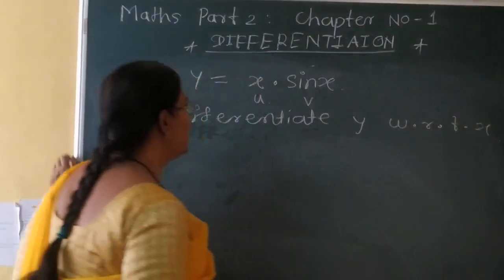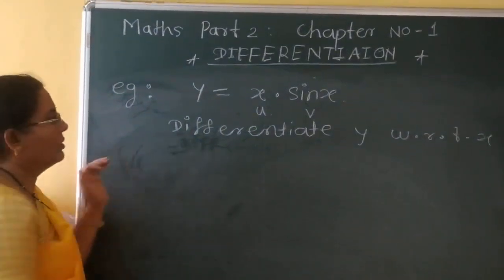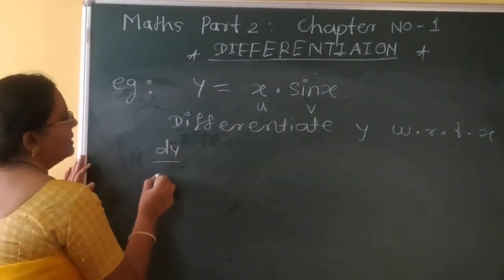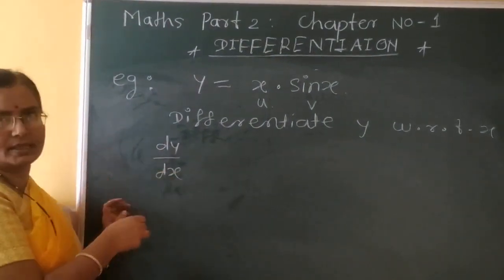For every example we write this line, it is compulsory. Then dy by dx.